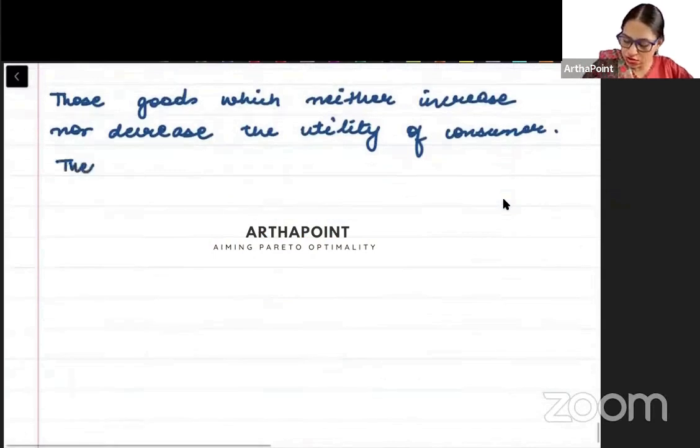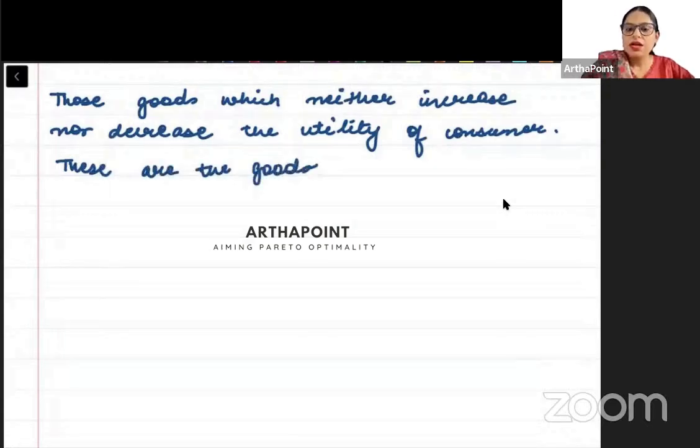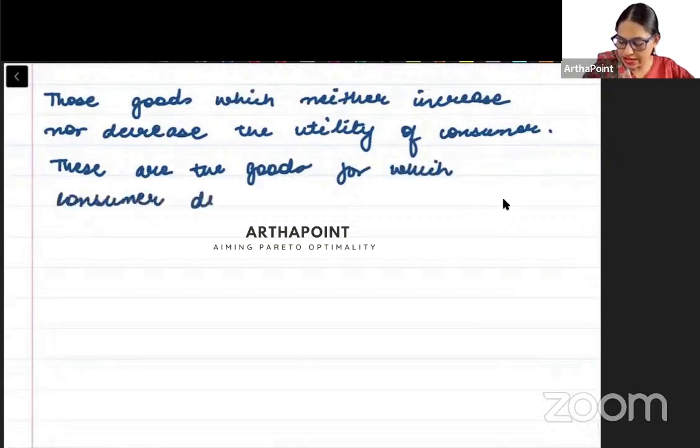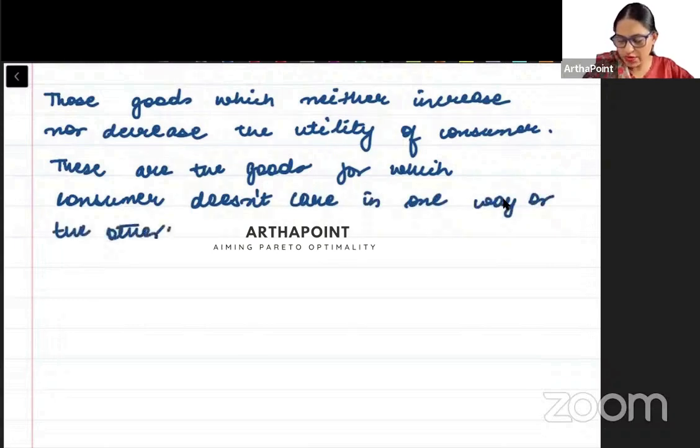These are the goods for which the consumer doesn't care in one way or the other, right?